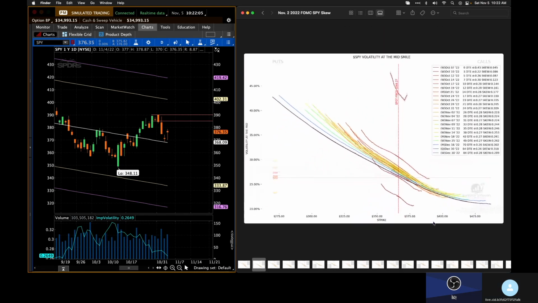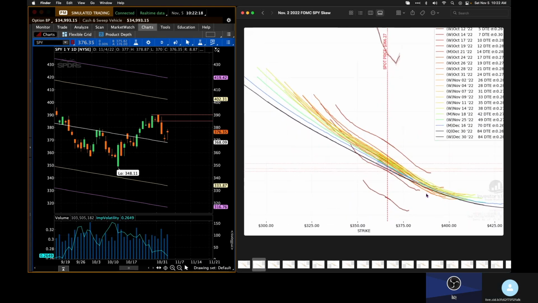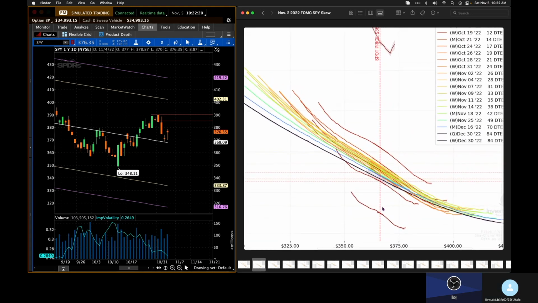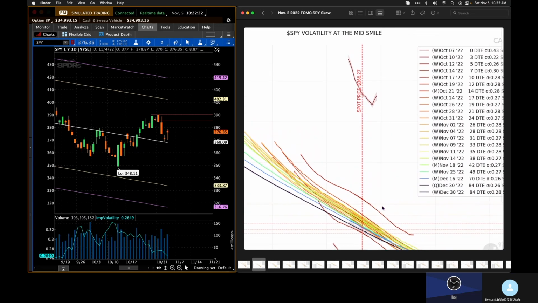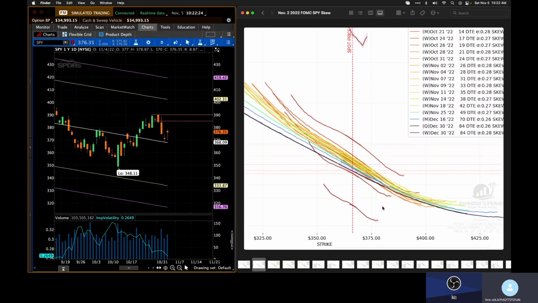Okay. And see how, like I was saying earlier, look what happened to the expiries. What's that one at the bottom? I know the coloring's weird. Can you tell that one that dropped way down? Is that the closest expiry, or is that October 10th?